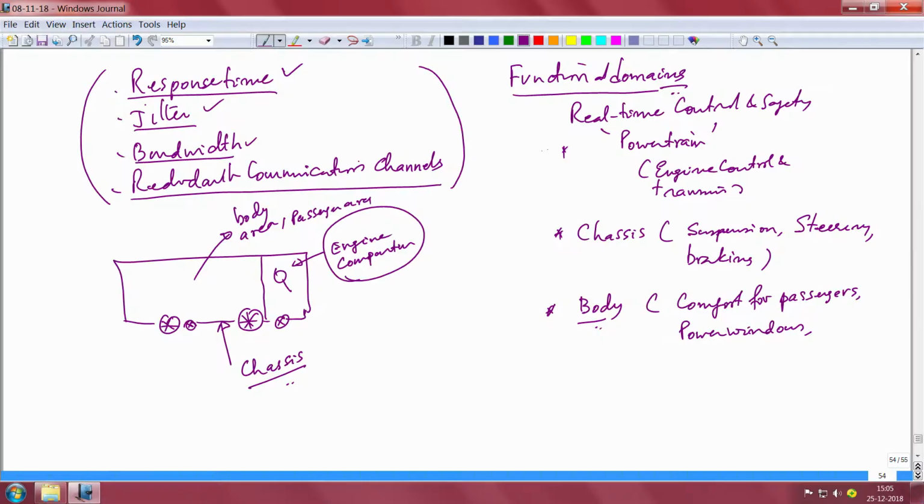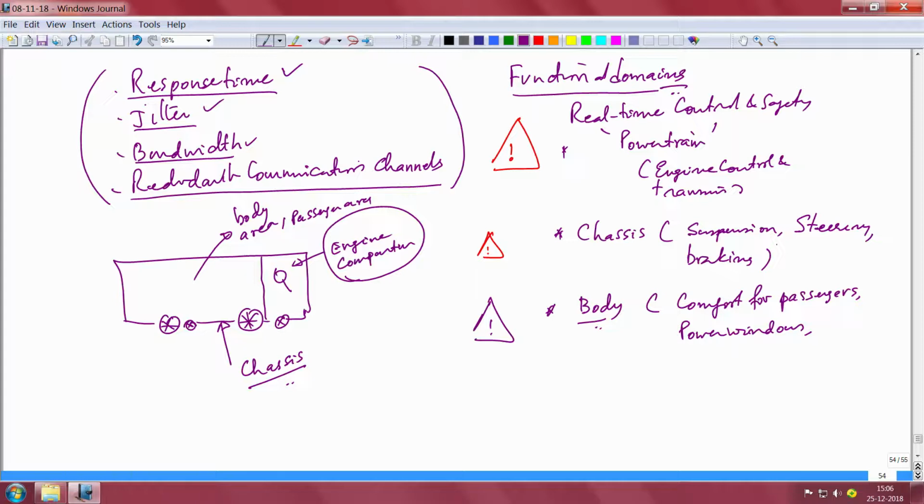So, it is not at all important if something fails here, but these two you cannot afford. I would still put real time control and safety, powertrain, as absolutely critical, followed by braking, steering and suspension, which are equally critical, also very important. This can go in black; really, nothing is going to happen.